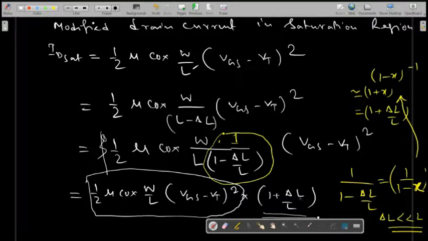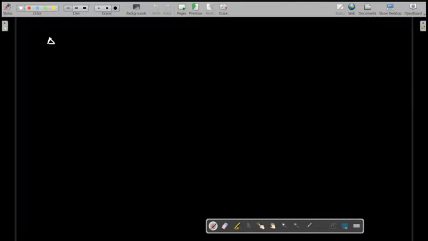But there are several techniques to calculate this delta L. In different modeling methodologies, people use different techniques. Some people solve for that length in that region by applying the Poisson equation, which is difficult, etc. But a very simple technique is this: delta L by L, because delta L depends upon the VDS value.